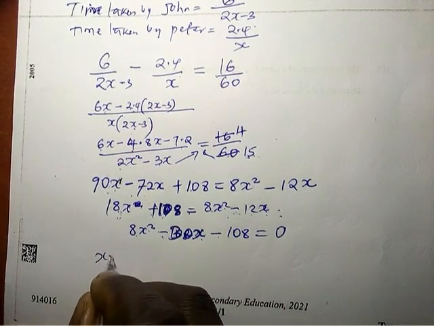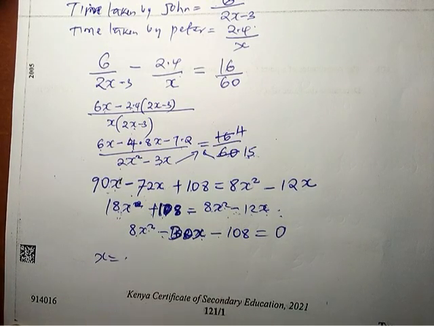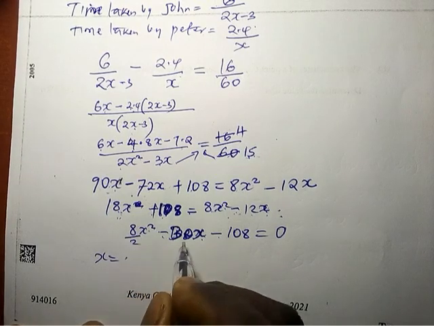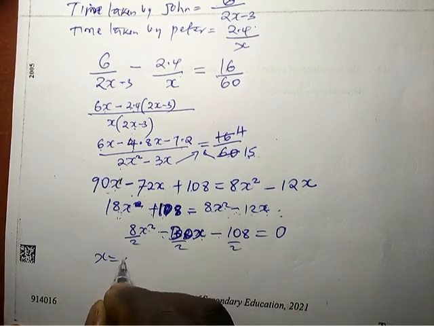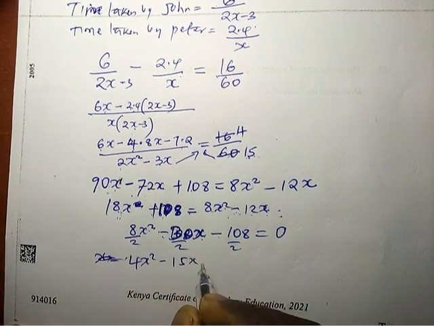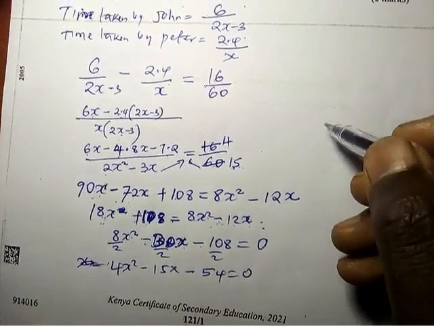So x is going to be, also we can even simplify this further. This one will be divided by 2, divided by 2, divided by 2, which is going to be 4x squared minus 15x minus 54 equal to 0. It's going to be easier that way.